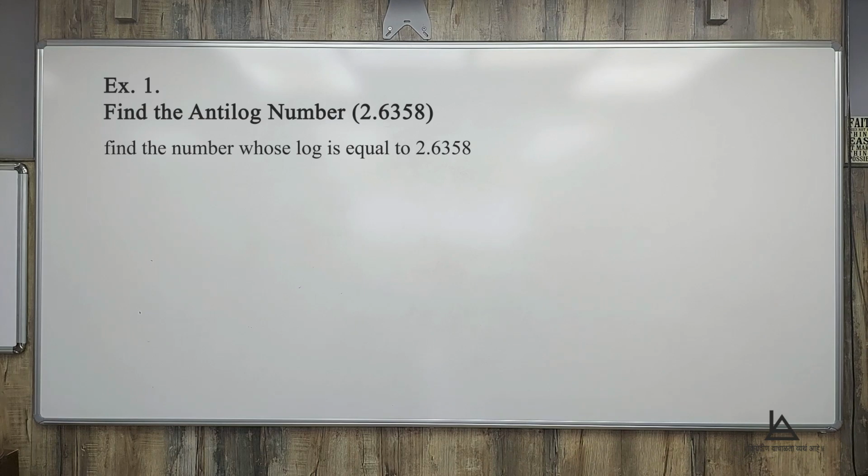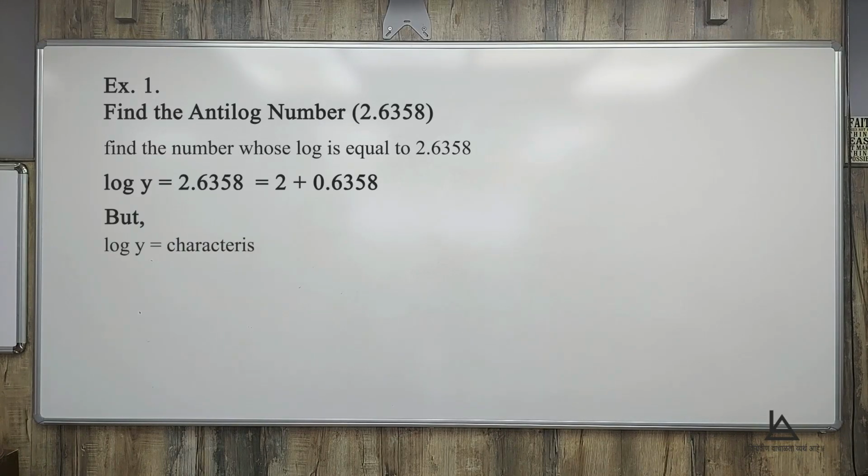So, if the required number is y, then log y is equal to 2.6358, which is equal to 2 plus 0.6358. But recall, log y is equal to characteristic of y plus mantissa of y. Hence, characteristic of y is 2 and mantissa is equal to 0.6358.